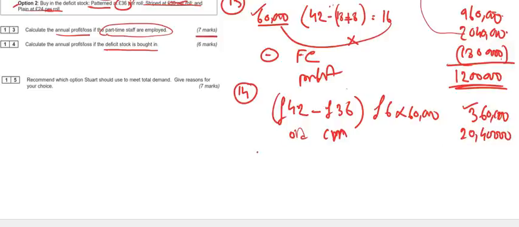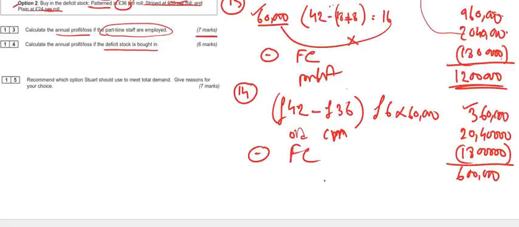That's your total contribution, less your fixed cost, which remains fixed whatsoever happens. So it's 1.8 million fixed cost. Let me calculate, and what I get is 600,000 as the profit if we choose the deficit stock to buy from others. So this is your 14 done, 13 done, 14 done.